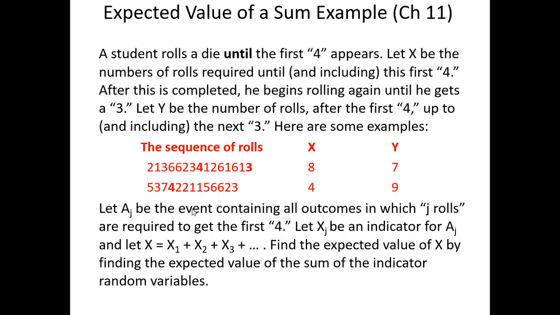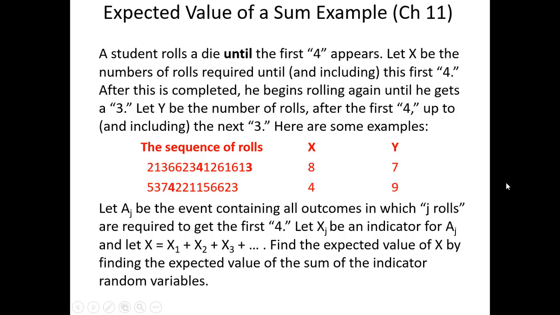Now in our last problem, we're going to take a look at another problem that is somewhat different from the first few. This is different in the sense that we end up with an infinite sum. Okay, so let's take a look at this problem.